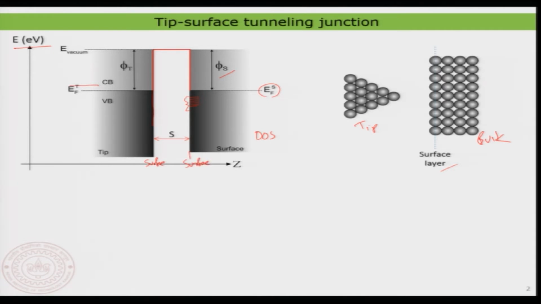And this is the bulk of the tip, and this is the bulk of the sample that you are working with. So, now you have the tip and the surface interface. When I draw a line in the energy diagram, it is depicting that the number of states per unit energy is a constant throughout the image that I have depicted.